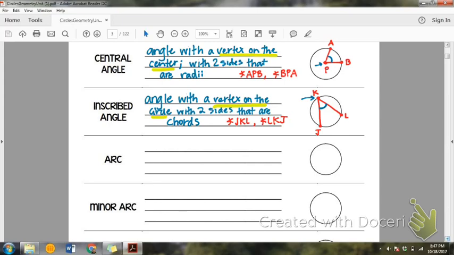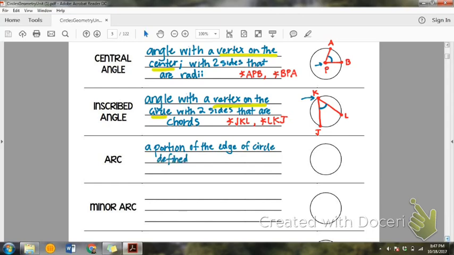All right, let's talk about an arc, not Noah's Ark. That's spelled with a K. An arc with a C is a portion or a section of the edge of the circle and it is defined by two endpoints.